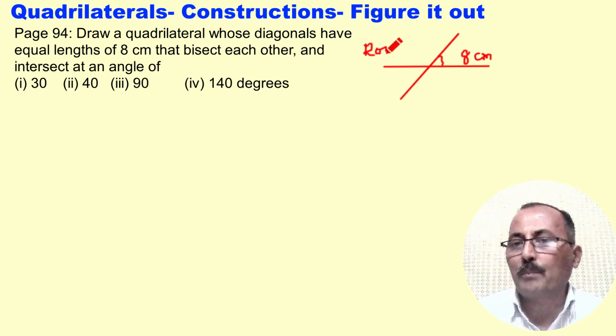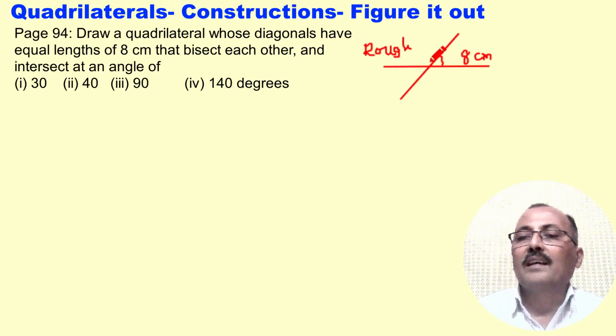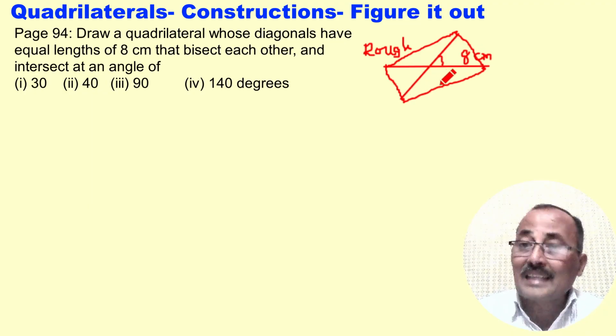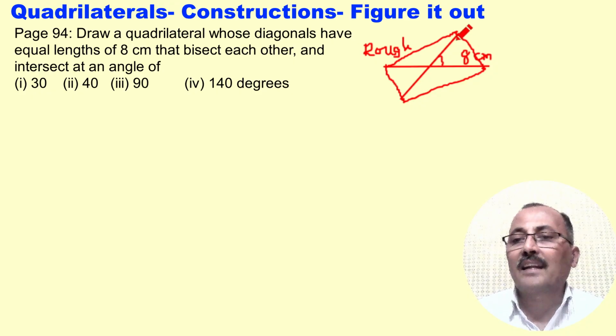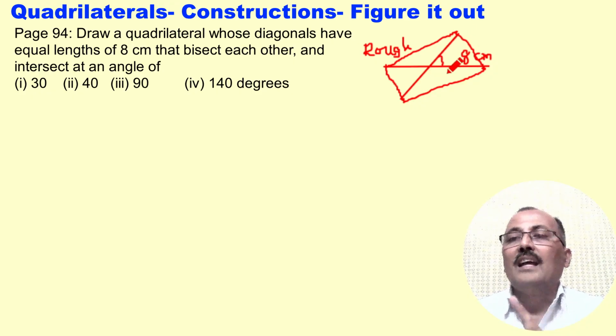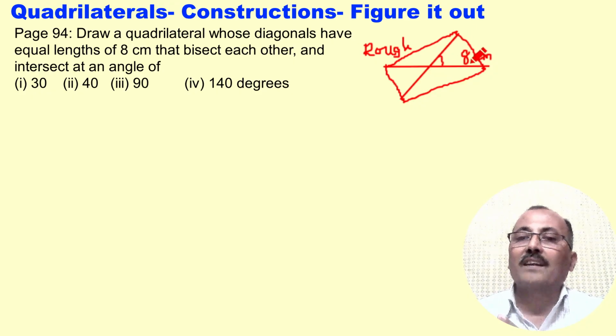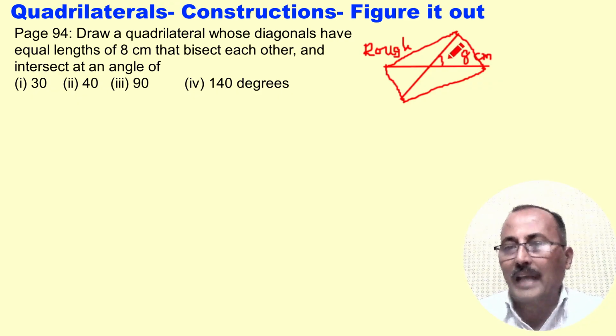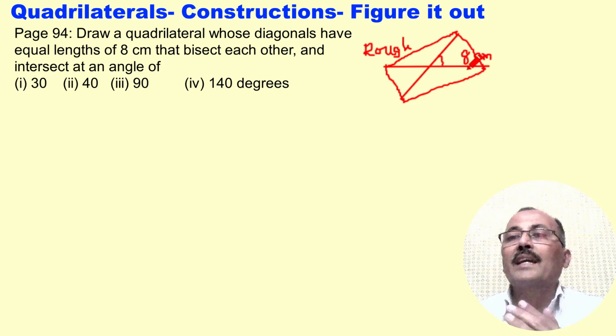Now what happens, you see here, that's all. We have to join the vertices. If you join the vertices, it looks like a rectangle only because the diagonals are equal in a rectangle and the diagonals are having the same length also, but here because of the angle it looks like a rectangle.